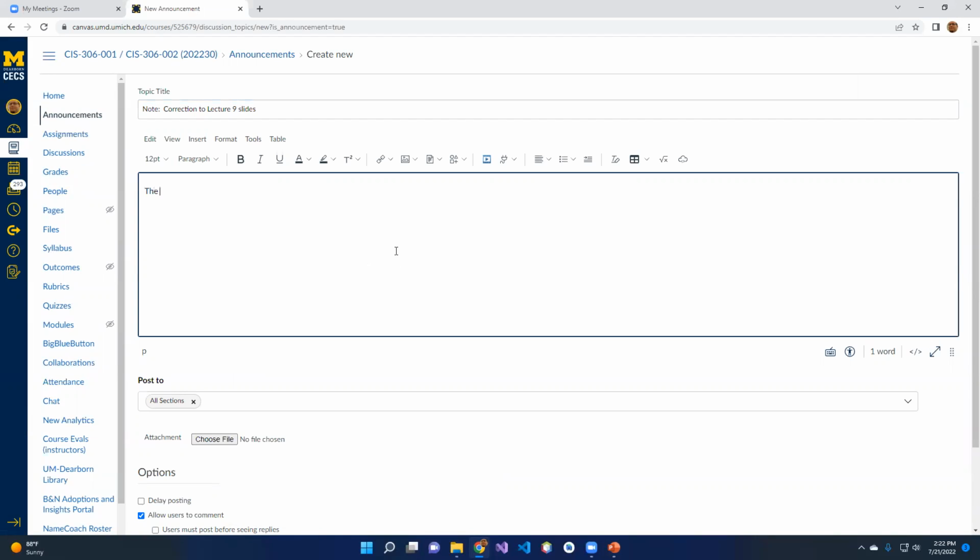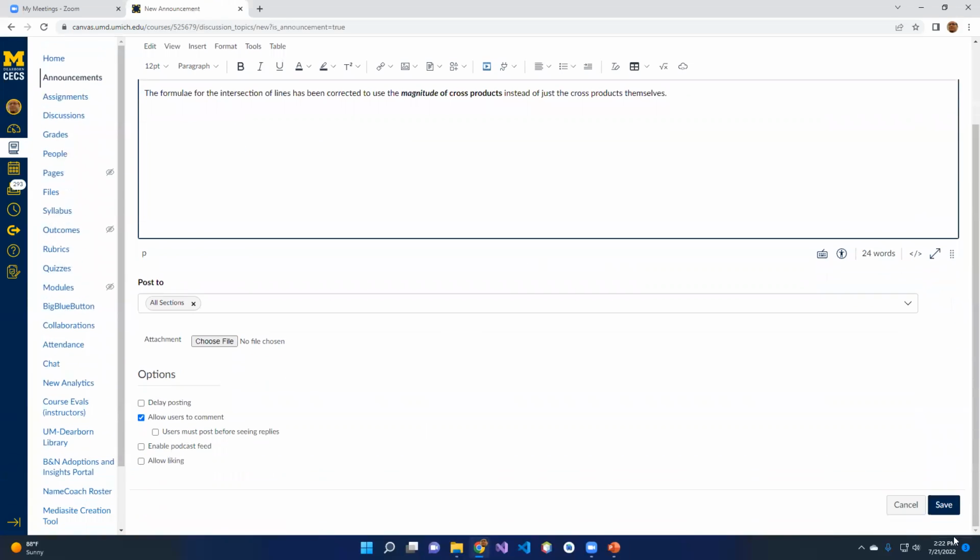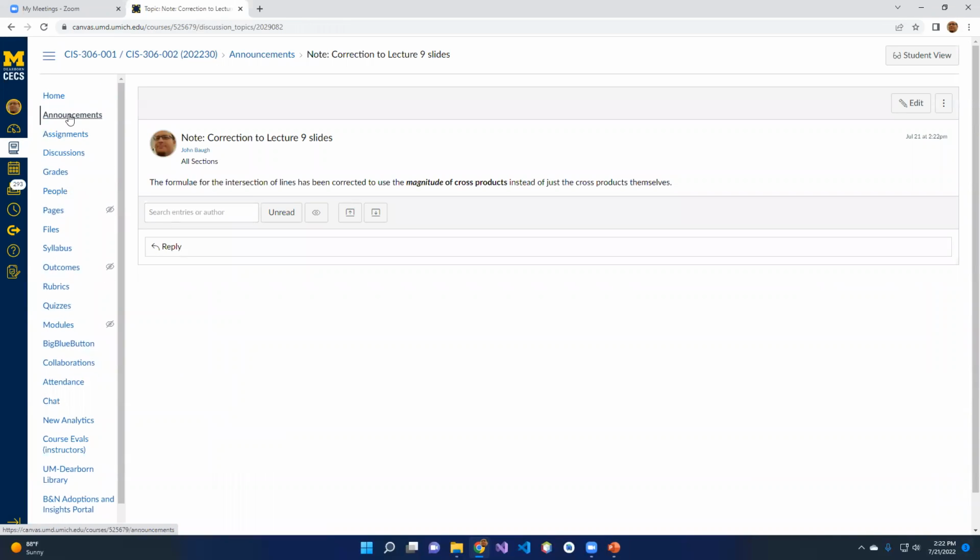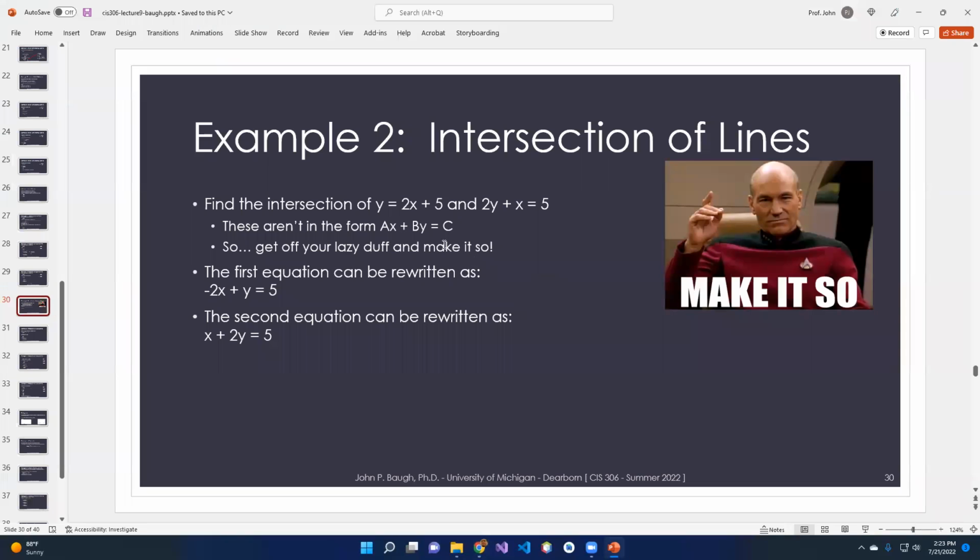The formulae for the intersection of lines has been corrected to use the magnitude of cross products instead of just the cross products themselves. Okay. All right, now everyone gets to know our secrets.